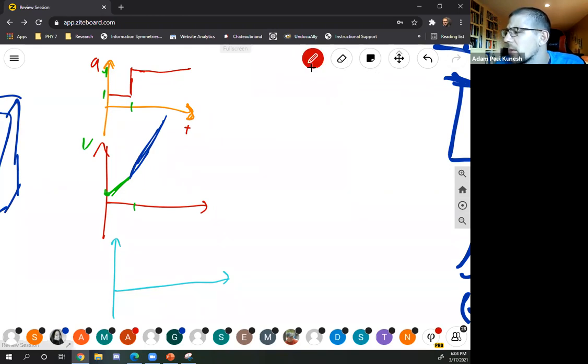From that velocity graph, I can determine things about the x graph. The velocity graph alone doesn't tell me anything about the initial position of x, but let's say the initial position is down here. The x graph is the integral of the velocity graph.